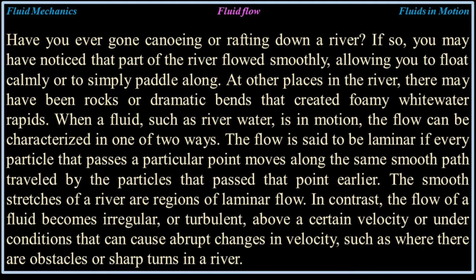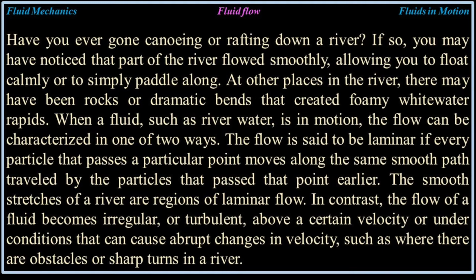When a fluid, such as river water, is in motion, the flow can be characterized in one of 2 ways. The flow is said to be laminar if every particle that passes a particular point moves along the same smooth path traveled by the particles that passed the point earlier. The smooth stretches of the river are regions of laminar flow.